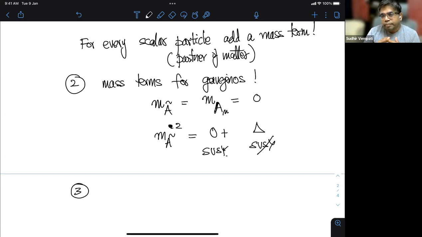It depends on the models of supersymmetry breaking, which we'll come to maybe in a couple of lectures. Depending upon the models of supersymmetry breaking, there are certain limits. But if you don't consider any particular model of supersymmetry breaking, you don't have a limit.